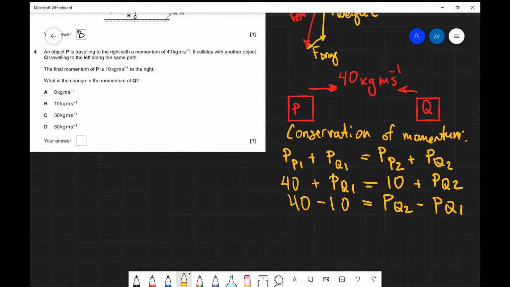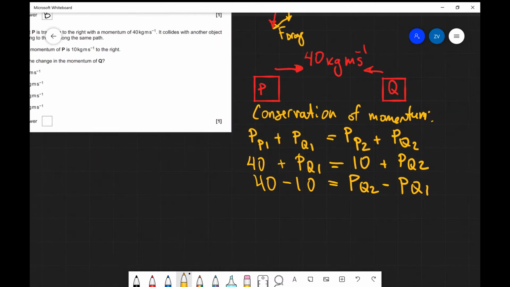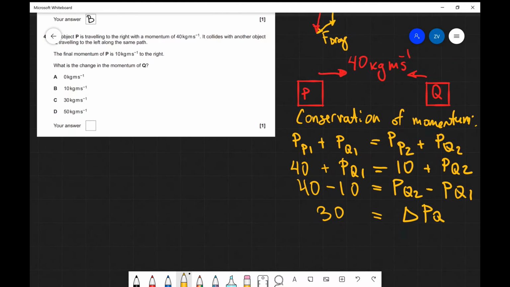Well, if you think about it, this quantity on the right hand side just here, that's actually the change of momentum in Q. So 40 minus 10, that is equal to 30. That is actually the change of momentum of Q. So in this case, the answer has got to be 30 kilograms meters per second. So the answer is C.